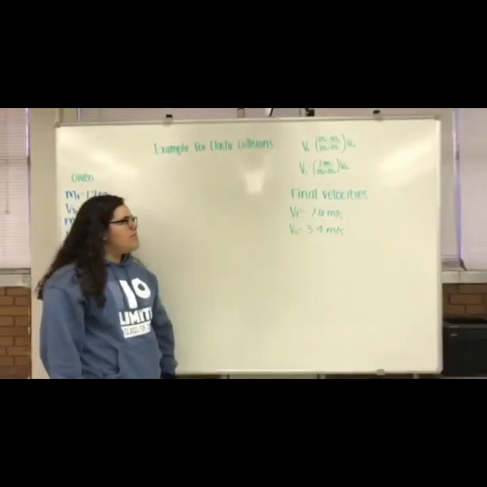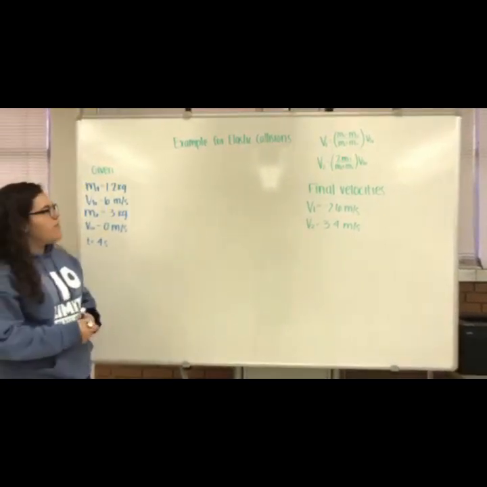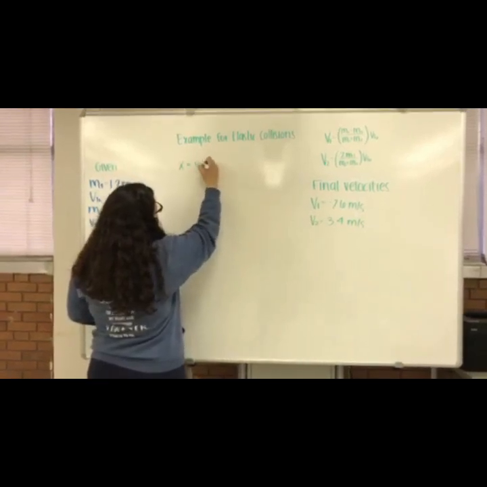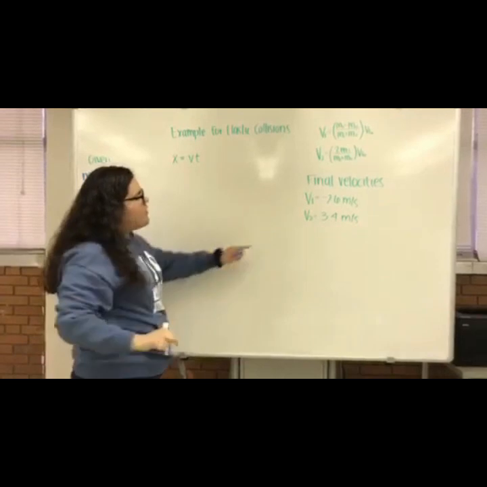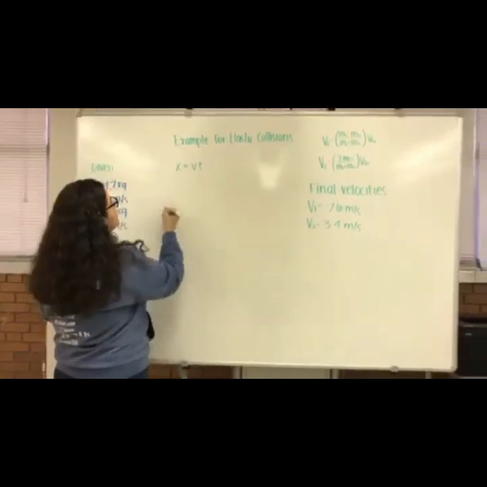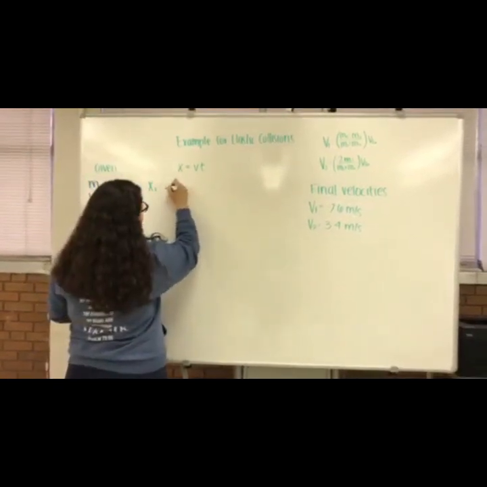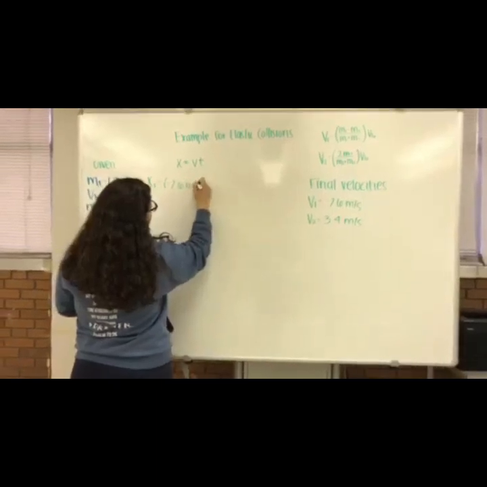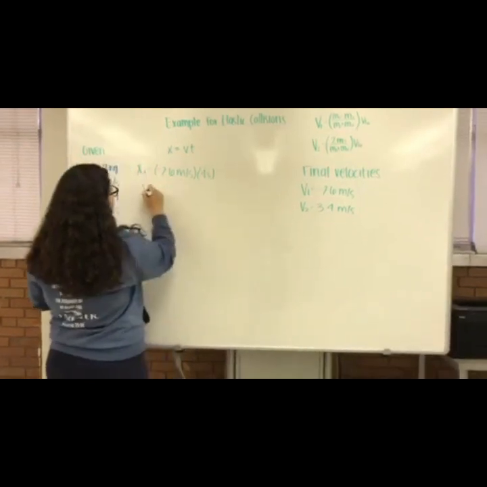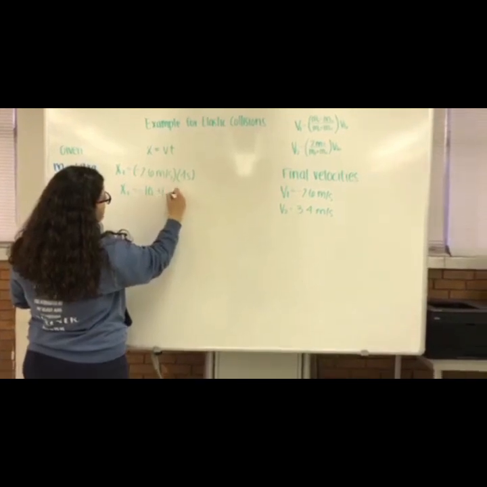Now we're going to find the displacement of both objects in a time interval of 4 seconds after the collision. For that, we use the formula x equals v times t, using the final velocities we got in the previous part. For x1, we have negative 2.6 meters per second times the 4 seconds, which gives negative 10.4 meters.